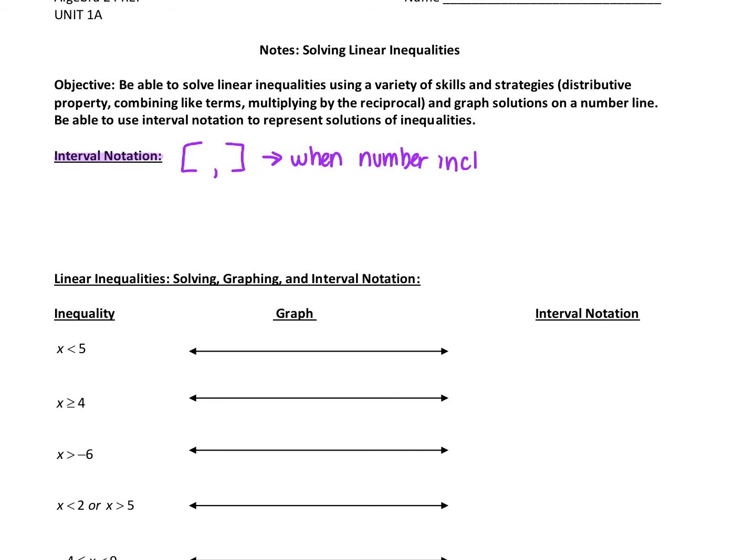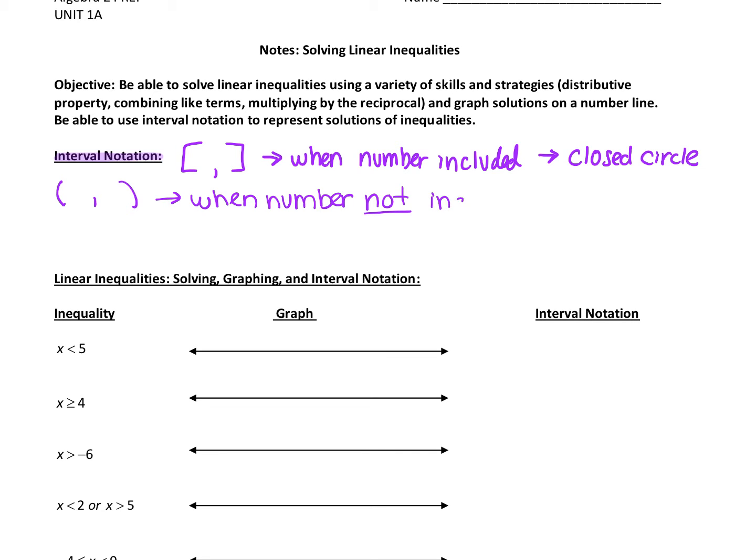What do we mean by included? That's when we use those closed circles when we're graphing inequalities. We'll kind of talk about this more in a minute. We use round brackets when the number is not included, or we have an open circle.